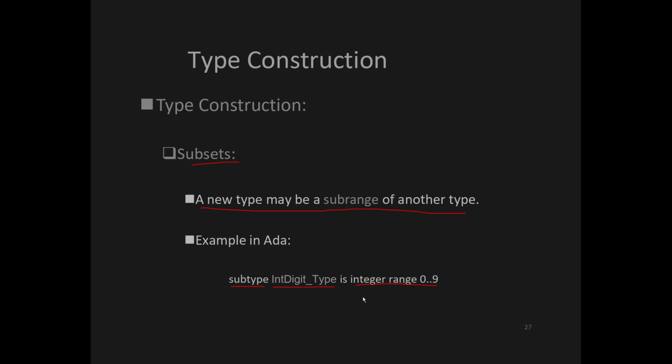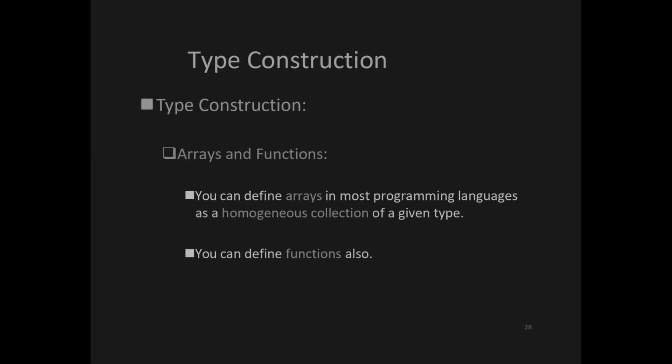Now, integers, as we know, I'm just gonna speculate a little on what Ada does, let's say integers are 32 bits or whatever, and then this is just restricting the int digit type to only have values between 0 and 9. So it's not allowed to have like 2,147,000,000 something, right?